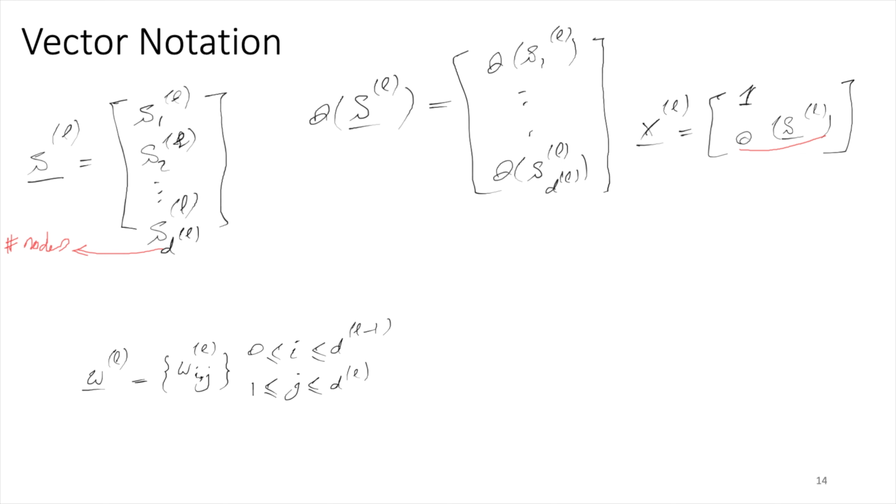So let me make sure here. Yeah. So that's the node i in layer L minus 1, and this is node j in layer L, right?